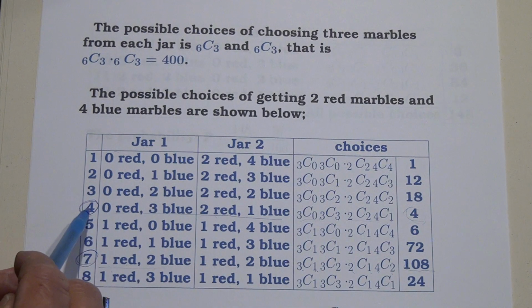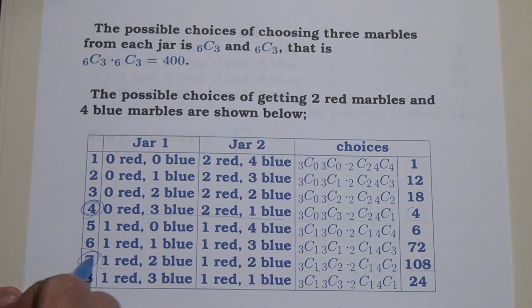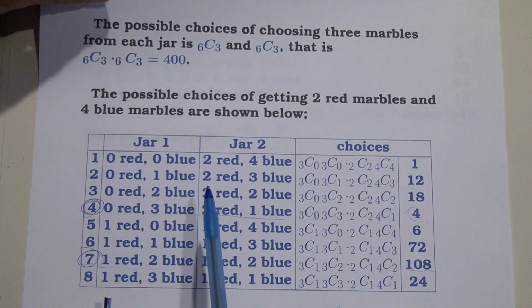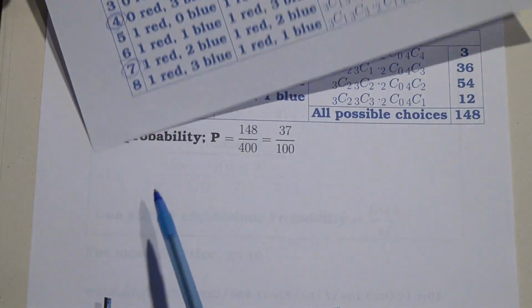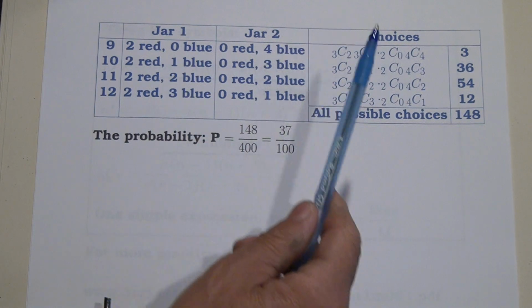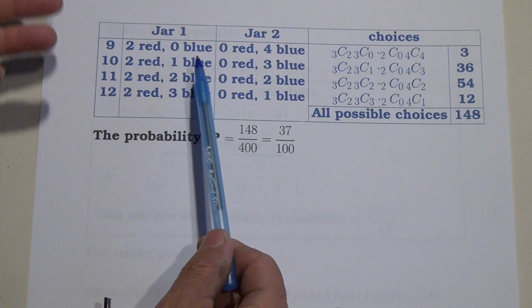So from the table we can choose only 4 and 7 out of all possible combinations of 2 red and 4 blue, right? And the next page we have a continuation of 9. Here again, once we understand, I don't want to go through every single case.